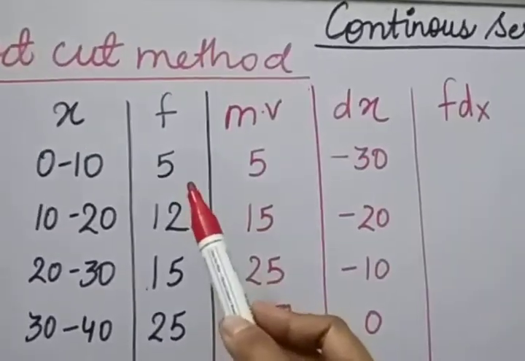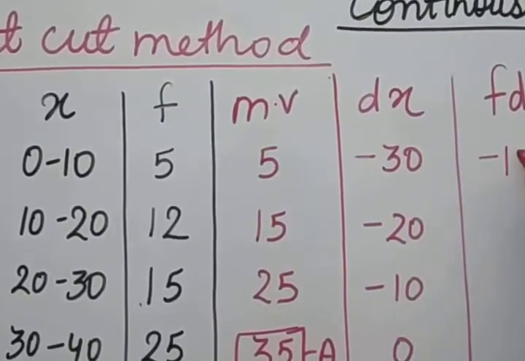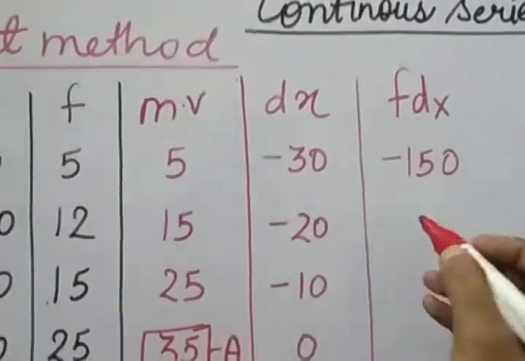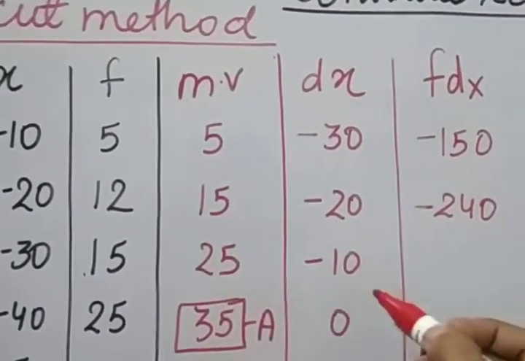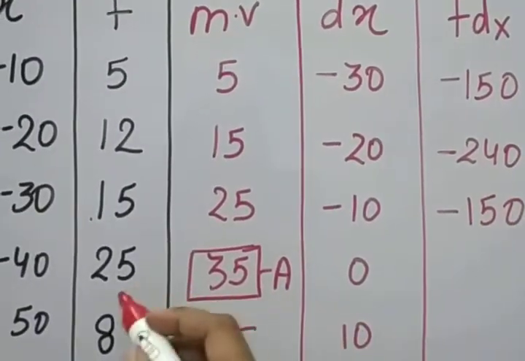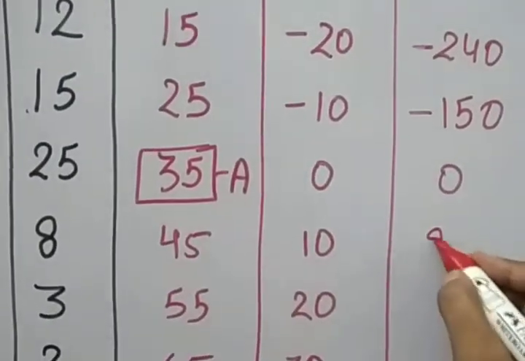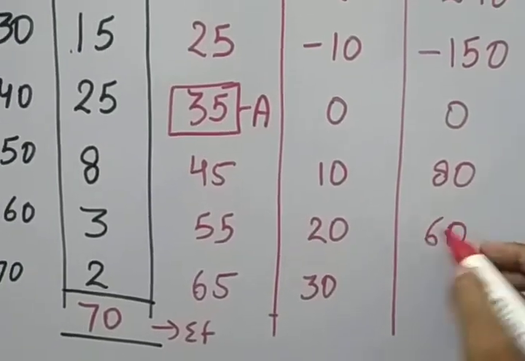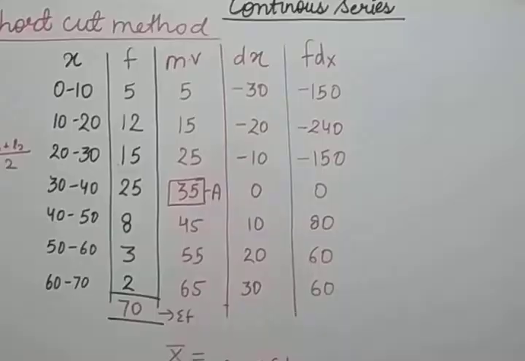First of all, 5 into minus 30, minus 150. 12 into minus 20, minus 240. 15 into minus 10, minus 150. 25 into 0, 0. 8 into 10, 80. 3 into 20, 60. 2 into 30, 60.